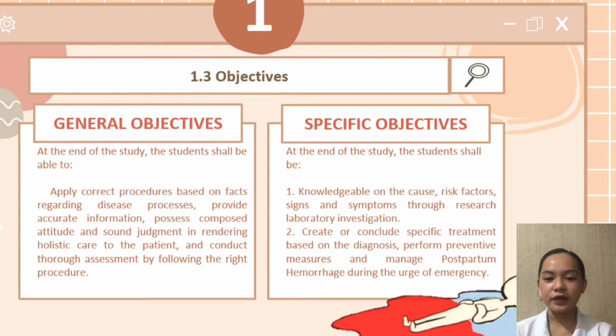Specific objectives. At the end of the study, the student shall be knowledgeable on the cause, risk factors, and signs and symptoms through research and laboratory investigation, create or conclude specific treatment based on diagnosis, perform preventive measures, and manage postpartum hemorrhage during an emergency.